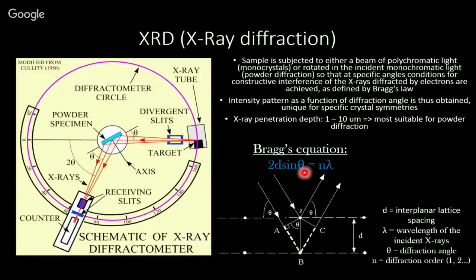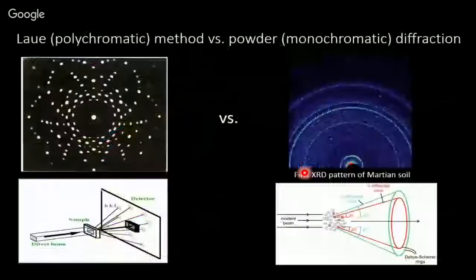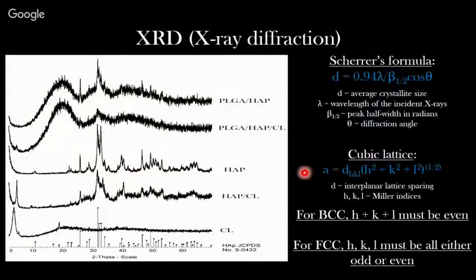That angle is very important because this is how the resulting diffractograms look. So you get peaks at specific 2 theta scale. So let's say in this case at like 32 degrees of 2 theta, you get a peak.